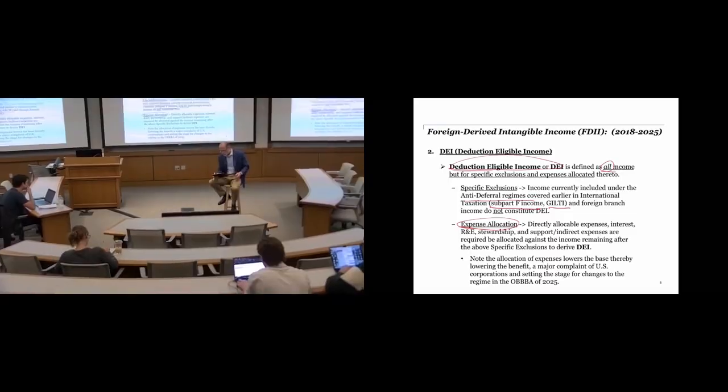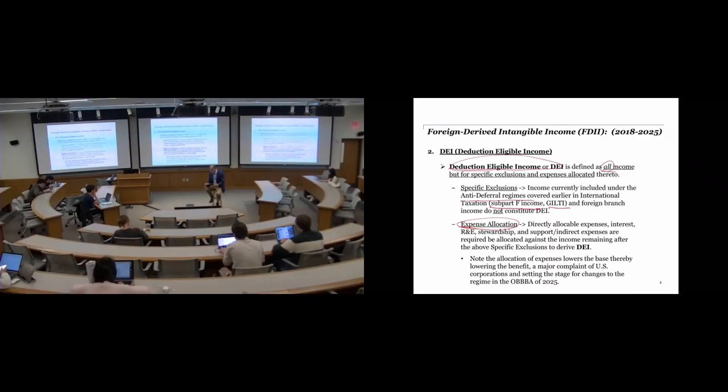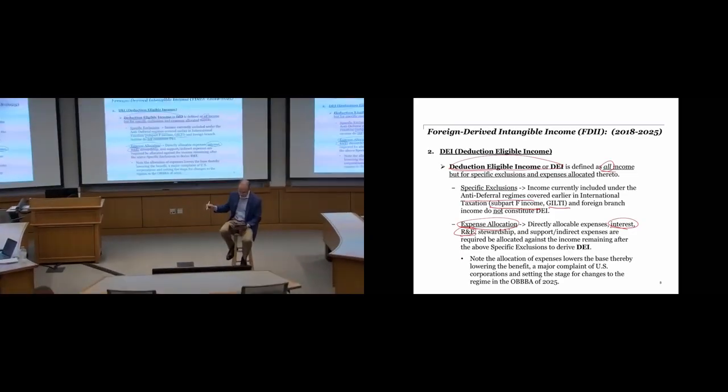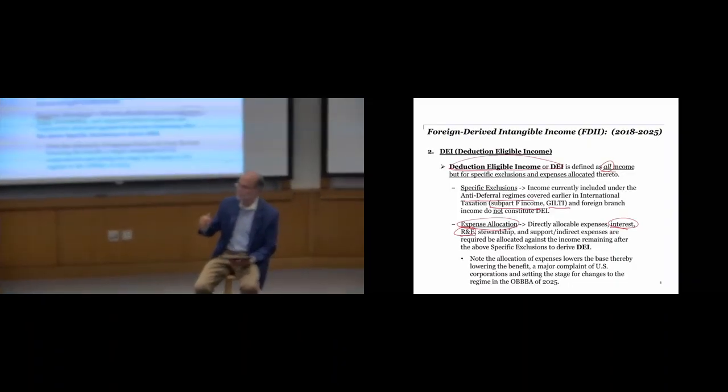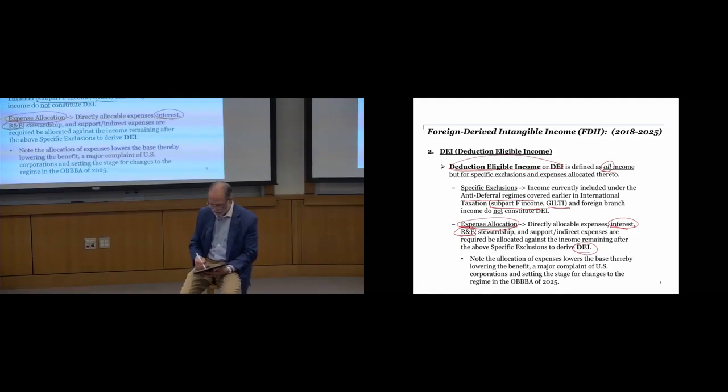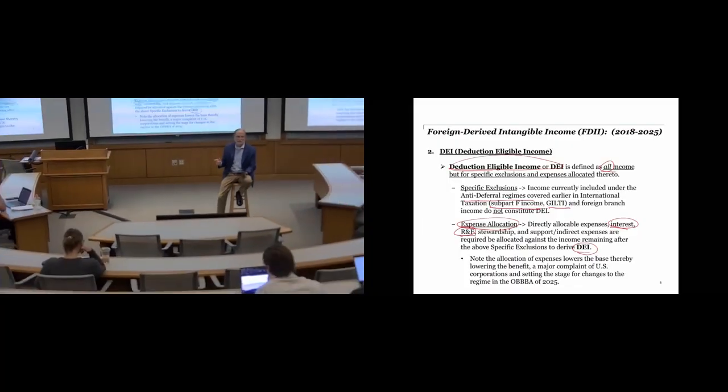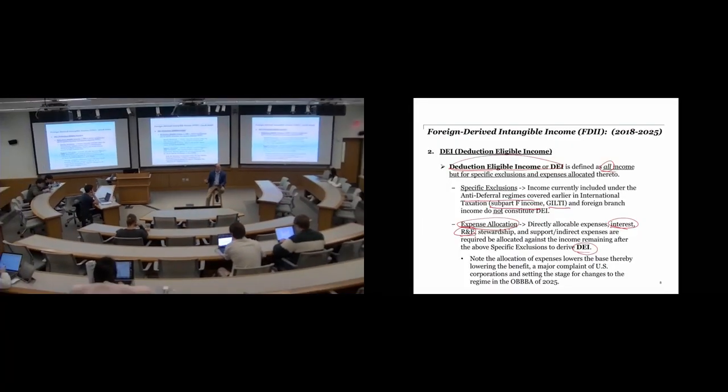Now I do have to do expense allocation. Directly allocable expenses are the expenses that directly relate to that income. Interest, R&E, stewardship, and support indirect expenses are required to be allocated against the income remaining after the above exclusions to arrive at DEI. So when I allocate expenses against this number, what is that doing?